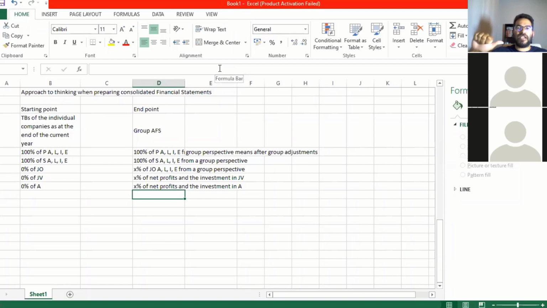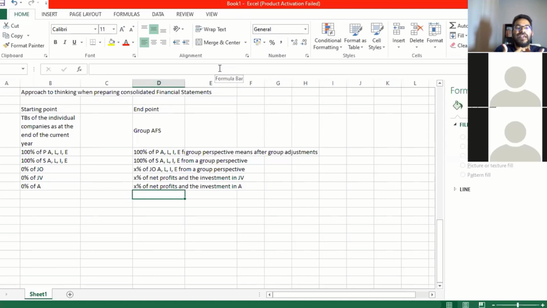Our share of the income statement is two things: share of profits and share of OCI. And from a balance sheet perspective, it is one thing: only our investment in associate, our investment in joint venture. That is the reason why our starting point is zero, because then the journal entries that we need to do are far, far less.